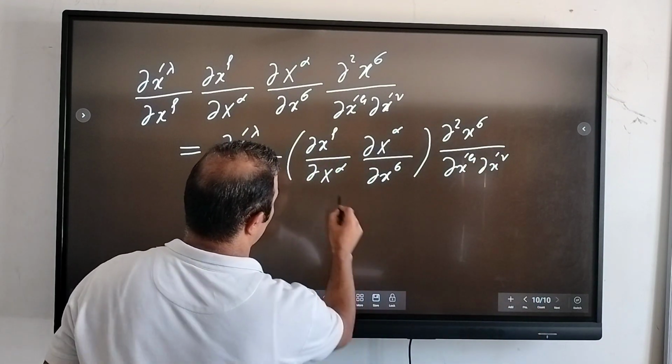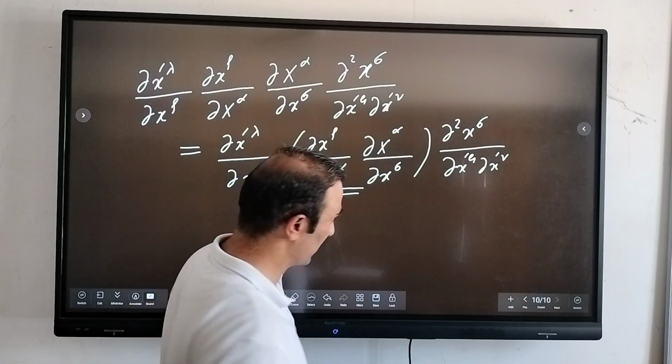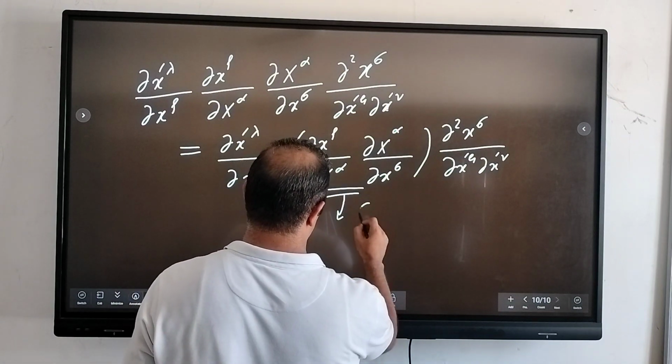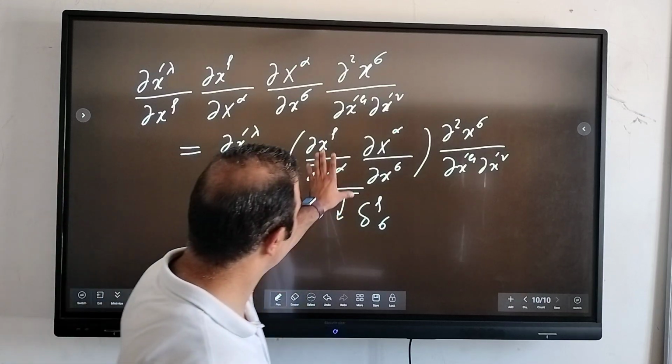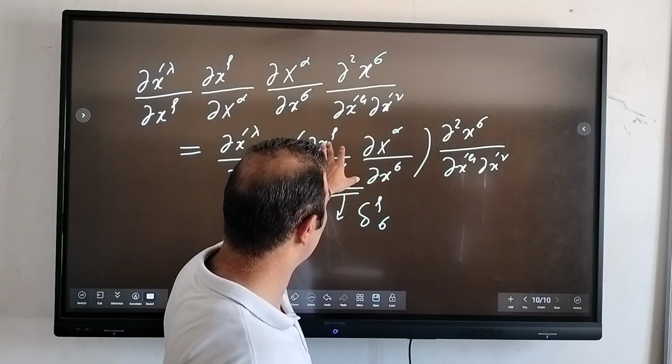Okay, right. So this term is our Kronecker delta term. So this term is our delta rho sigma, because this and this will contract, so you get rho sigma, right?